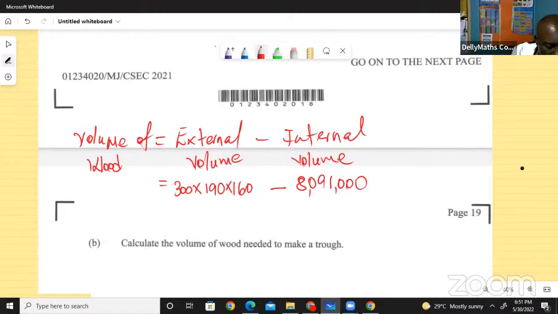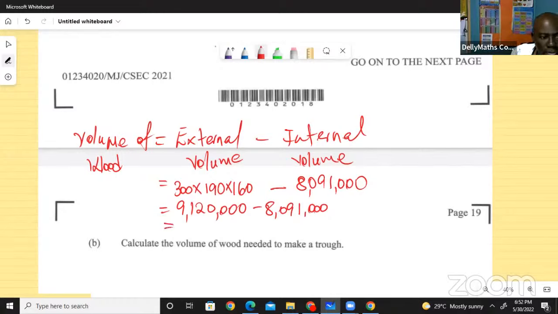So we will just need to work out the external right there. 300 times 190 times 160. And I'm getting 9,120,000. So now I want you to subtract 8,091,000 from that.